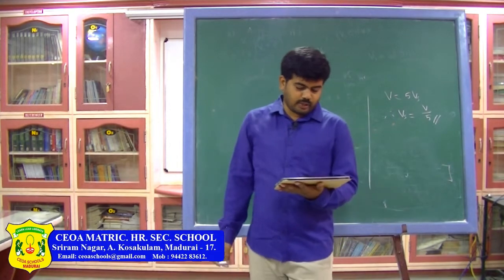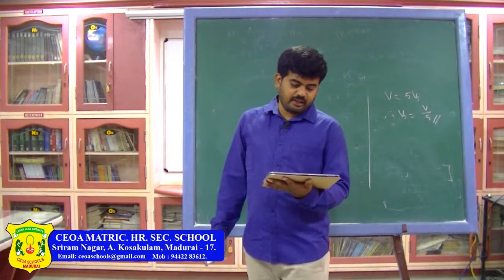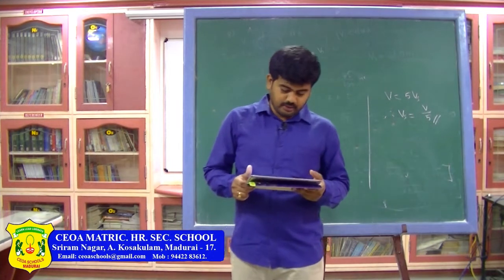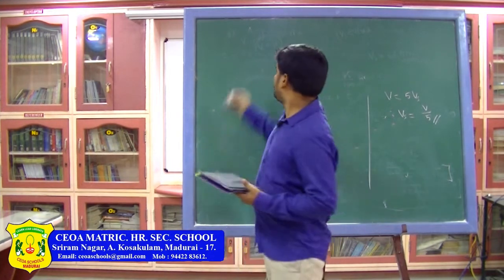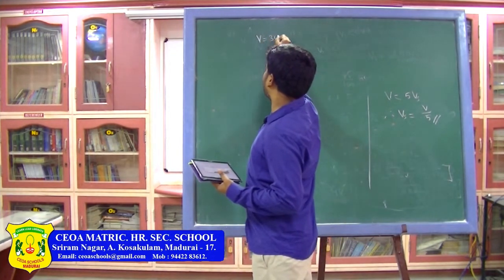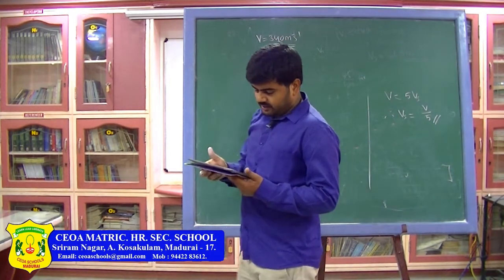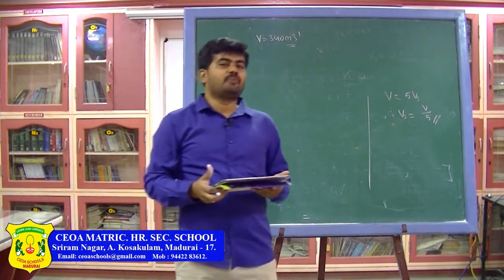Remember, to an observer, the pitch of a stationary source appears to be reduced by 20%. If V is equal to 340 meter per second, the speed and the direction of the observer is?